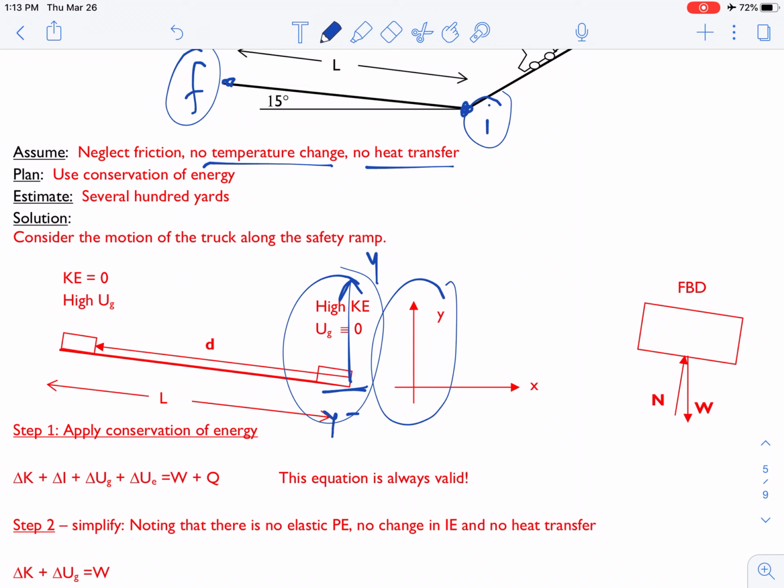I usually put it at the bottom so that I don't have to deal with negative potential. Starting from there, there's no gravitational potential initially. It's 0, and at this end, it's going to come to a stop. That means kinetic energy will be 0, but it has some elevation, and that's the maximum elevation it will have. That means we have a high gravitational potential energy.